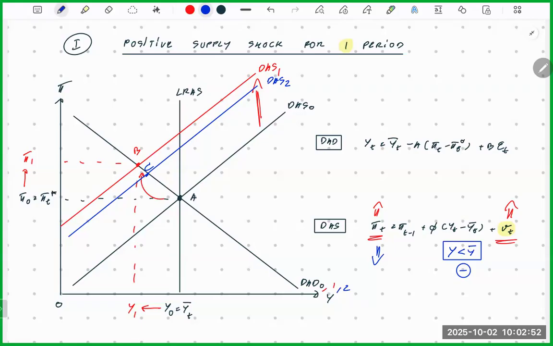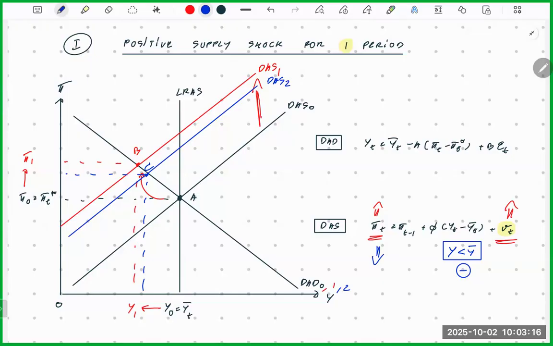Equilibrium point C, the economy is still not good, right? If you point down below, inflation is still high, GDP still lower than Y bar, economy still not good, right? Y still less than Y bar. From the equation, Y still less than Y bar. So which means the next period, year 3, what will happen in year 3?